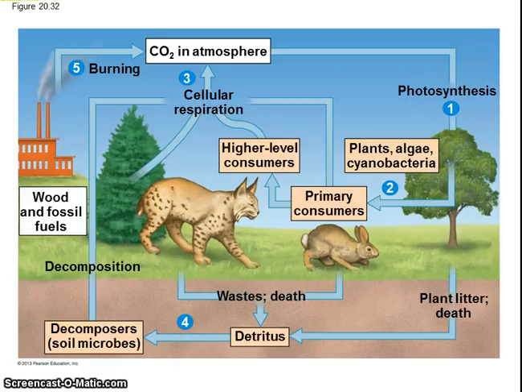If you view it in the PowerPoint, some of these are animations where you've got carbon dioxide in the air, photosynthesis takes it in, gets eaten or decomposes. Consumers do cellular respiration, they release carbon dioxide, and then when they die, that goes into the soil, gets decomposed, gets absorbed by plants, or goes into the air after it's burned, and goes back around.